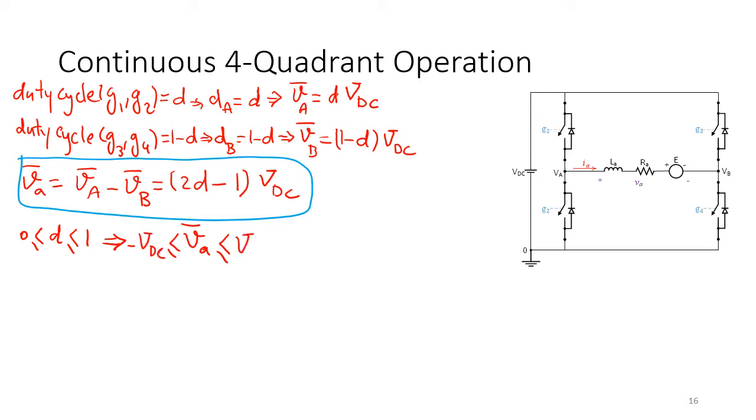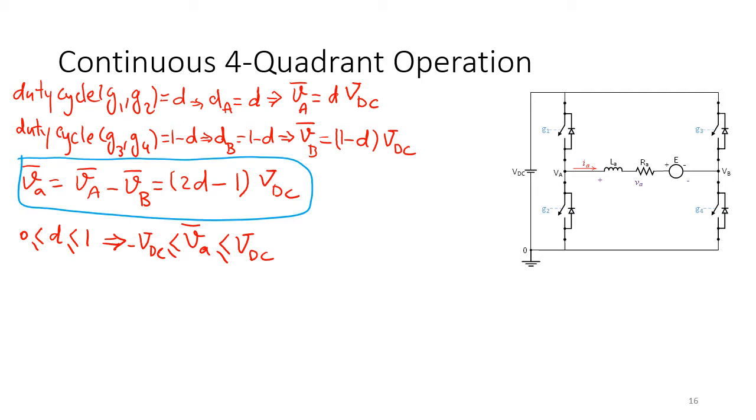And the maximum one will be VDC. But why do we like it that much? Because this time we don't need to stop the PWM at this bus, keep this leg constant, and do the PWM at the other leg. And if we want to go to the negative voltage, we need the inverse.